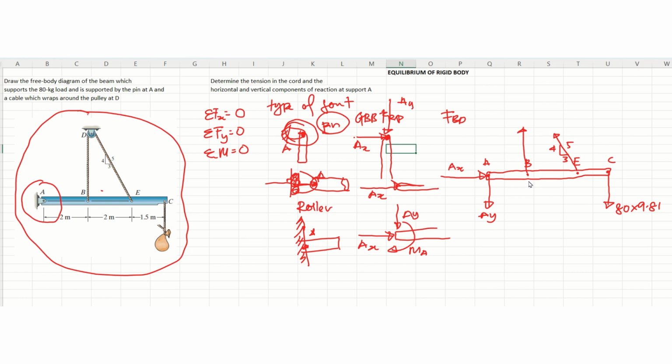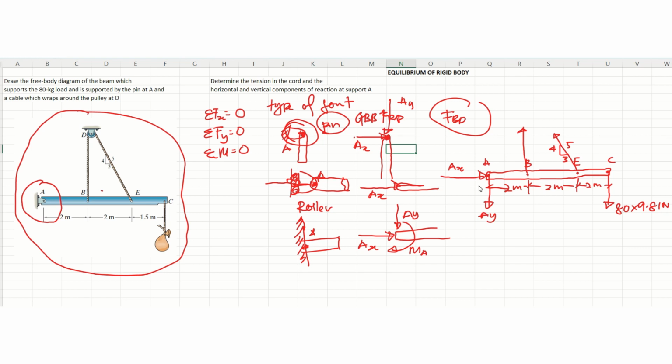This is the free body diagram we need to draw. We call this the free body diagram.